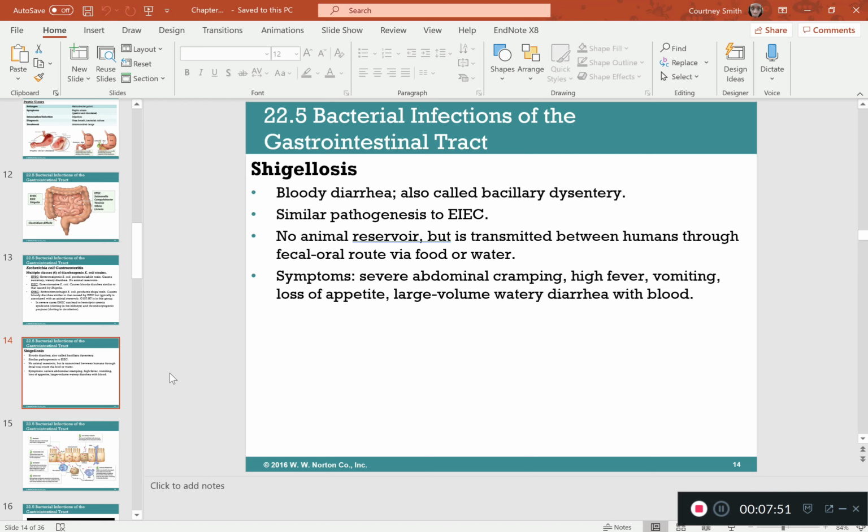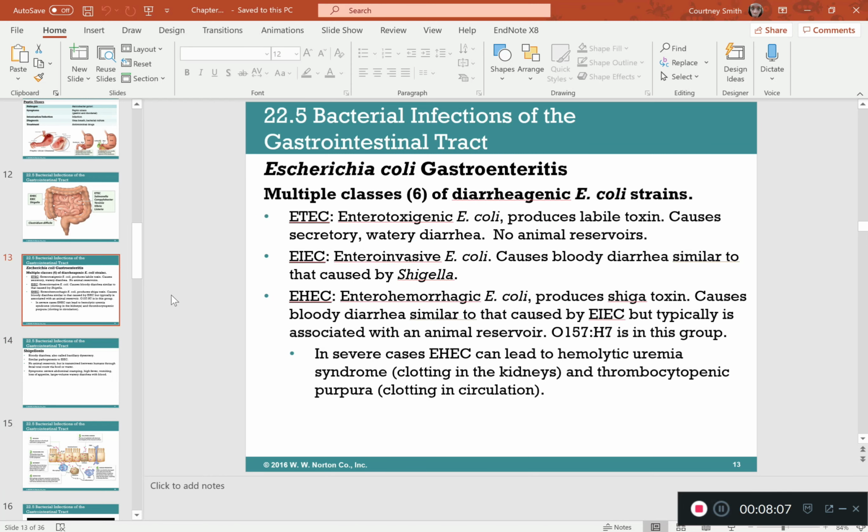And then also how they present is slightly different. So with shigellosis, it will have abdominal cramping, severe high fever, loss of appetite, and bloody diarrhea sometimes. Whereas the EIEC generally will only cause bloody diarrhea. There might be other symptoms, but not as severe as shigellosis.